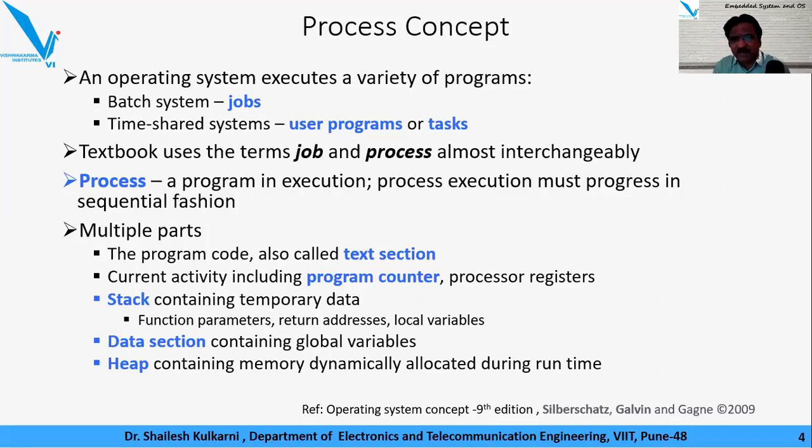I repeat, any self-sustained entity or program that can be executed is referred to as a process or task. I'm saying self-sustained, meaning whatever is required in order to execute that program, if that requirement gets fulfilled and an operating system gets to know that this process or task can really be executed, then that portion of the execution is called a process. As simple as that.